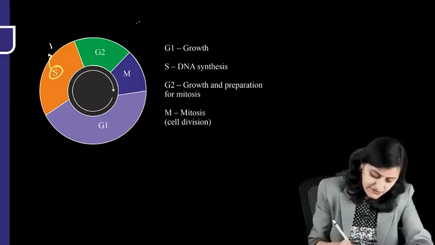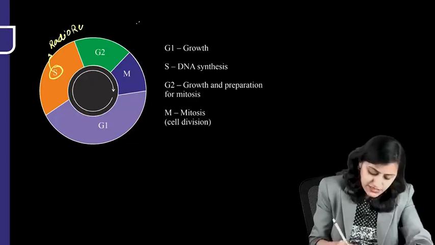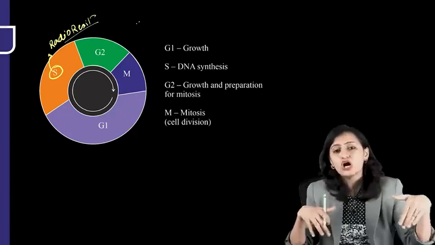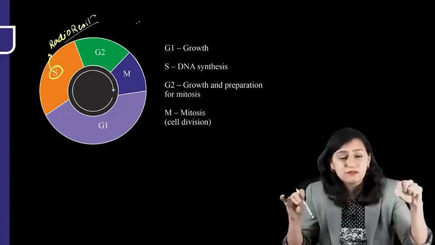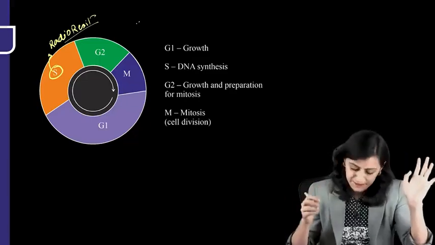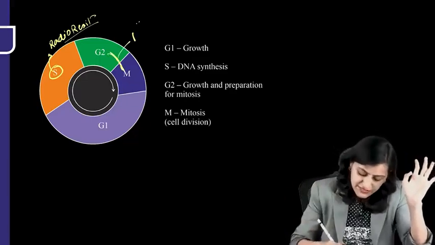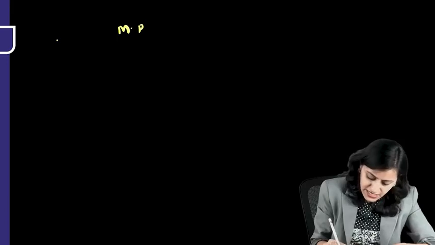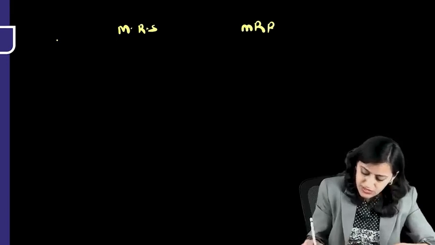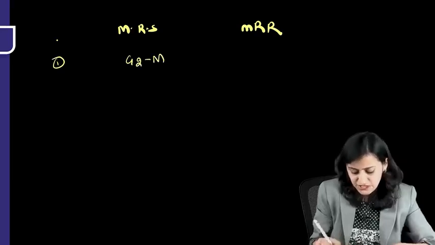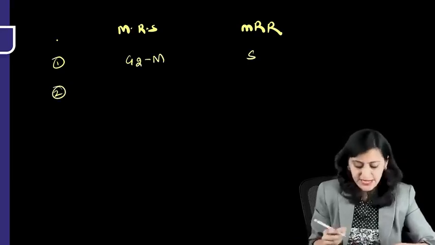So S is the one which is the most radio-resistant, because here the cell is not actively dividing. The law of Bergonie says that if the cells are actively dividing, then the radiotherapy will act the best. The most radio-sensitive is the G2M phase. Okay, the G2M phase. So let's have a quick look: the cell cycle phase, most radio-sensitive is G2M, resistant is the S.